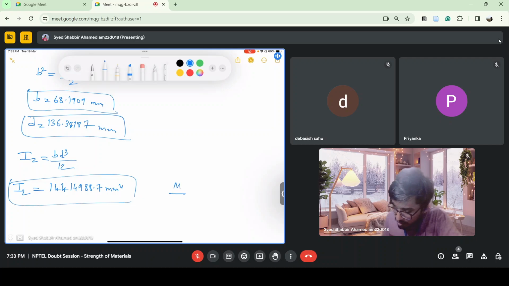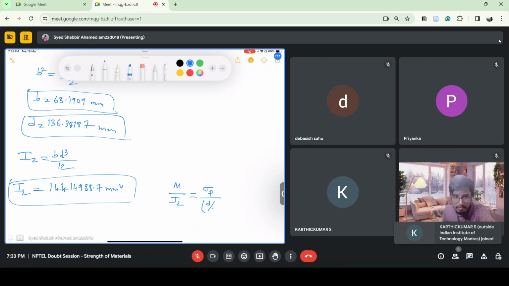Again the flexure formula: M by I is sigma by y, and here y is D by 2.